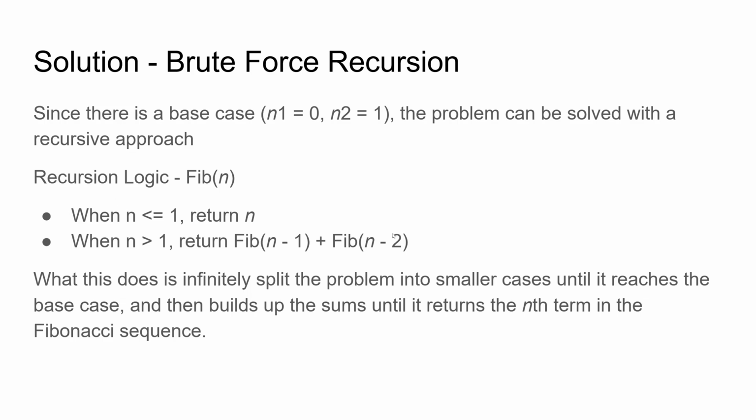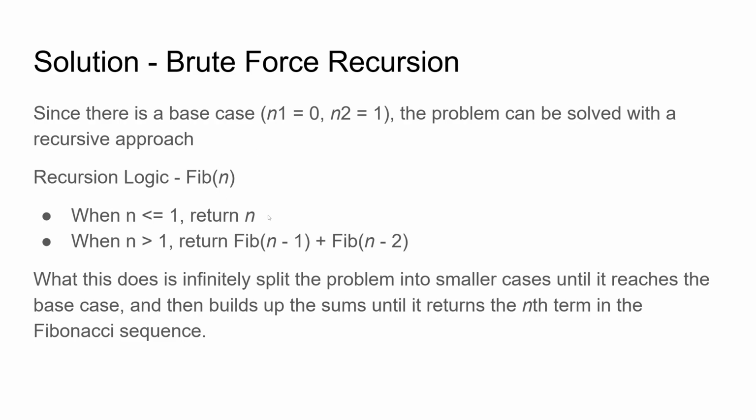Instead, it's going to run the second part, which returns the sum of Fibonacci of n equals 1 and Fibonacci of n equals 0. Since in both of those cases n is less than or equal to 1, it just returns n. Then it calls them back to this part and sums them together, and returns that to the original function call.